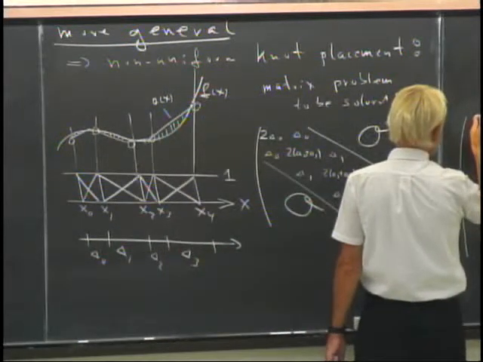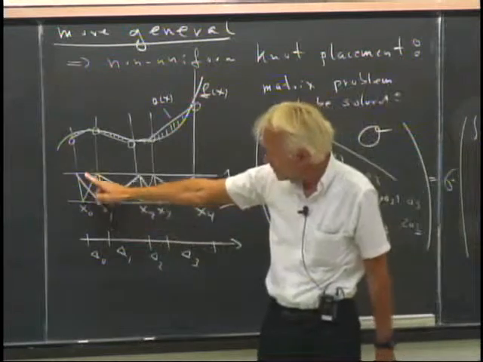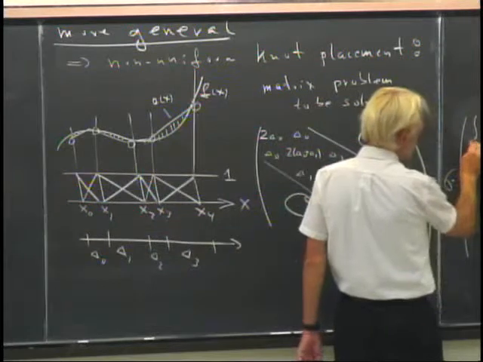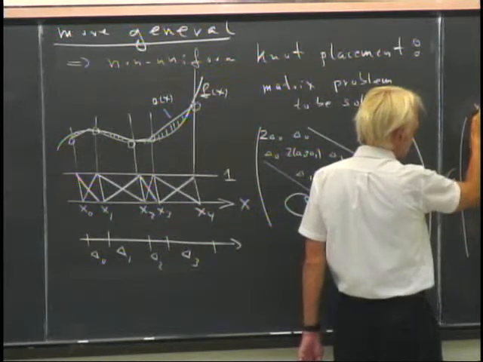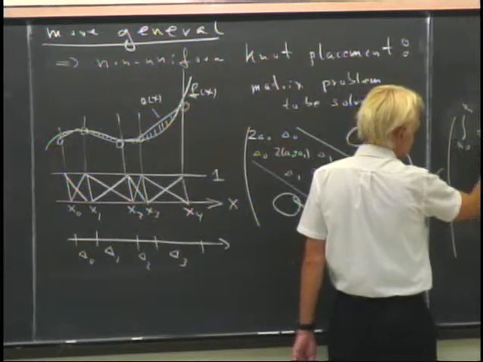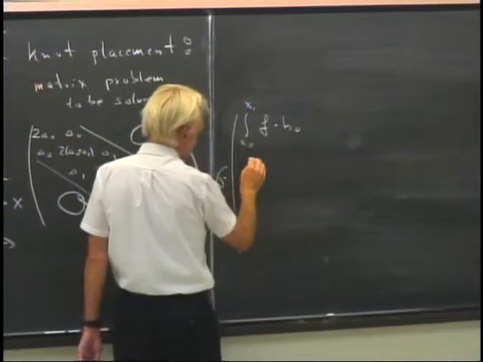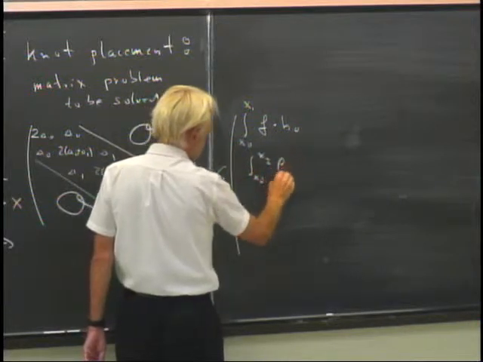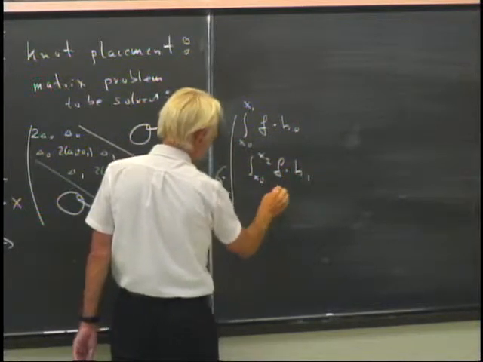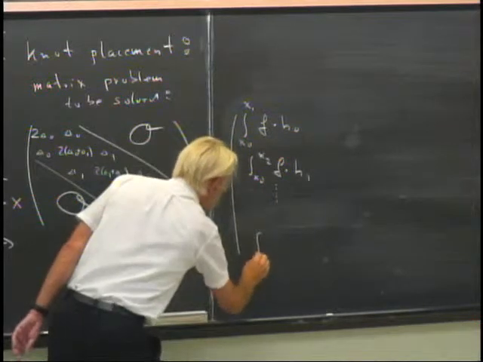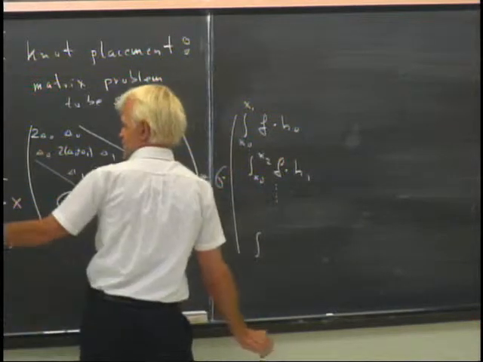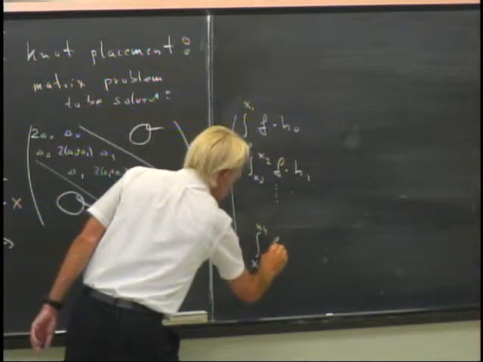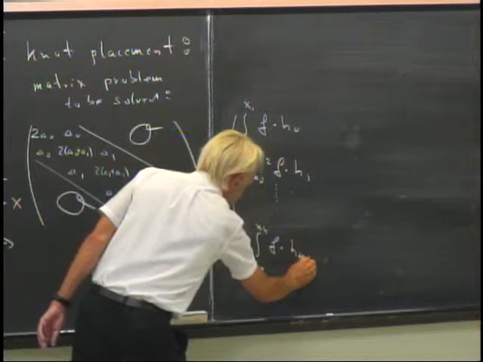And so the first one is for the hat 0 from x0 to x1. Okay, so it's now arbitrary boundaries from x0 to x1 of the function times the hat function 0. The next one goes from x0 to x2 of function times h1, and the last one is the integral over the last interval from x3 to x4 of the function times h4.